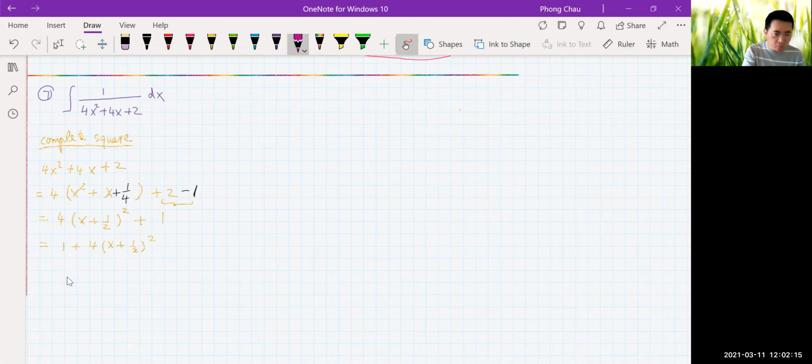So remember, we want an identity. The identity that we are using is 1 plus tangent squared equals secant squared here. And you see that's 1 plus. So you know that you want this quantity to be tangent squared. So what I actually do is I'm looking at this, right? So tangent squared is going to be this whole thing.